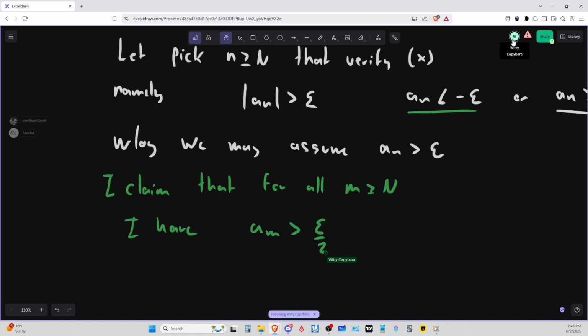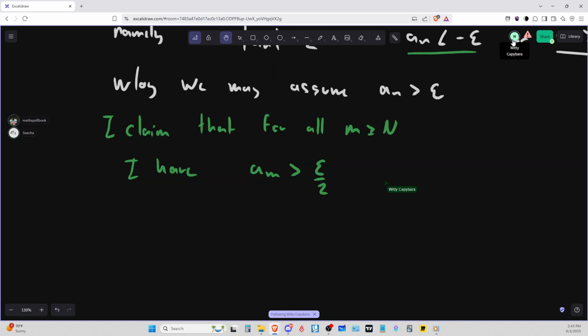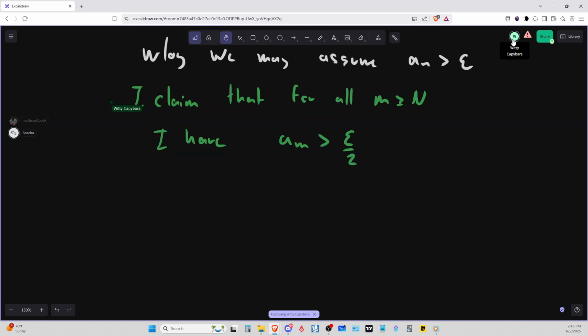So maybe here I can show you the picture. Here I have the epsilon ball.